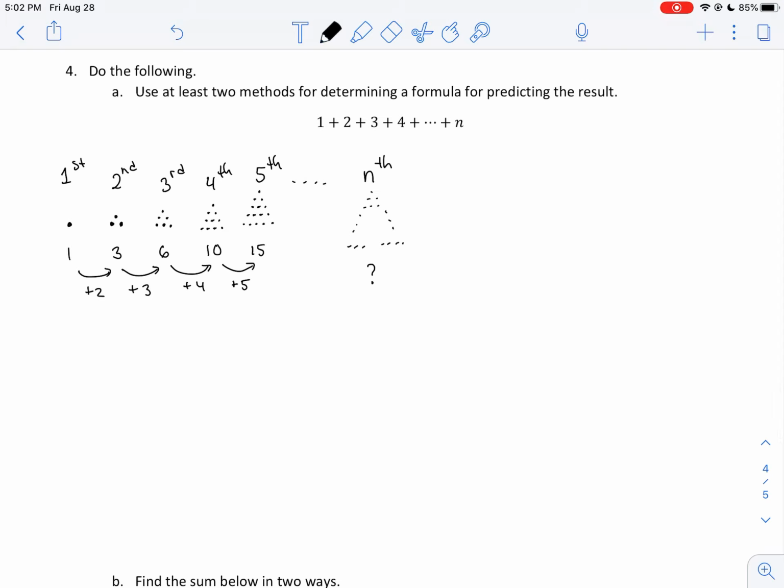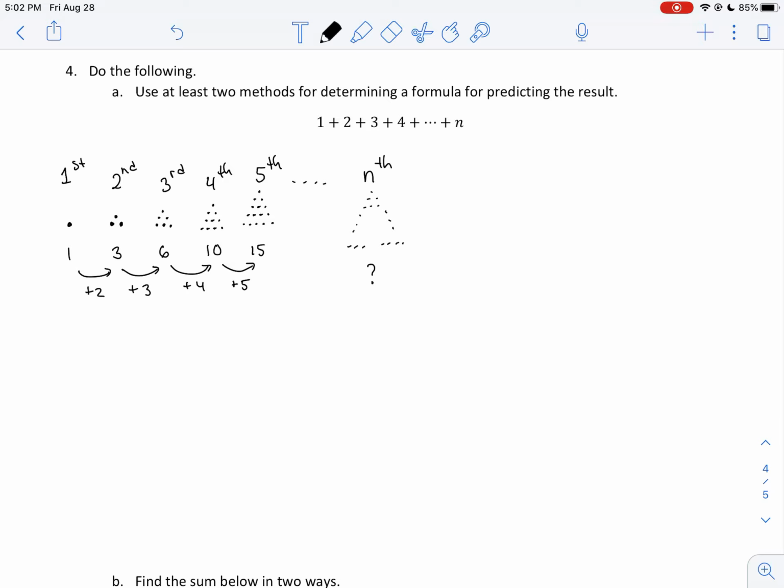Now this says use at least 2 methods for determining a formula for predicting the result. I'm going to illustrate a visual way and then an algebraic way of doing this. Let's go with the algebraic way first.